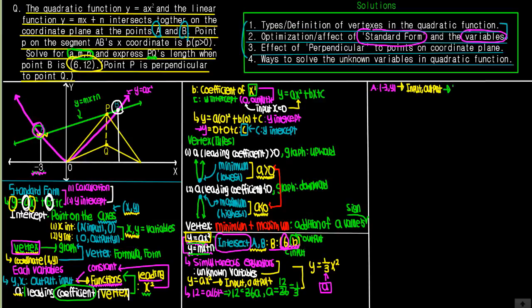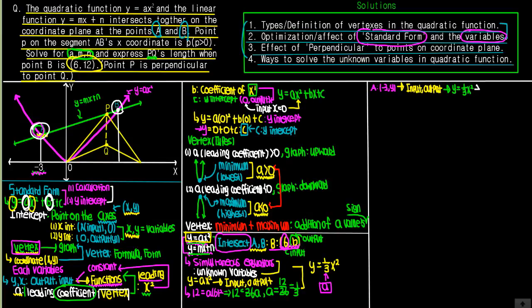So we know that our quadratic function is y is equal to 1 over 3 x squared. All you have to do in order to solve for a y value is simply input our x value -3 to our quadratic function. And the only reason why we could do this is the point A is a point that the quadratic function passes through.